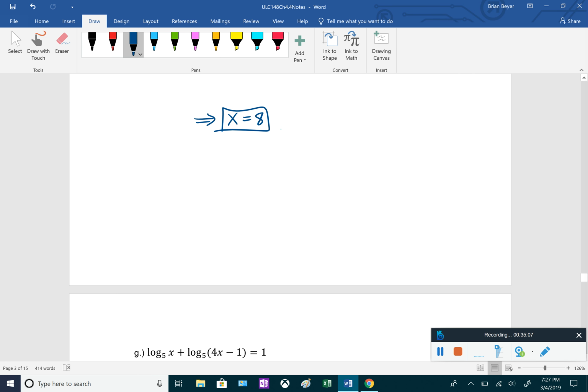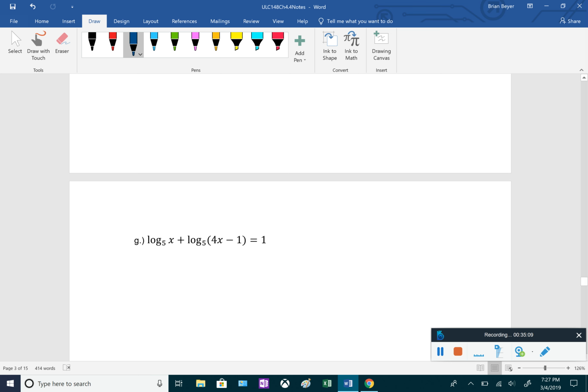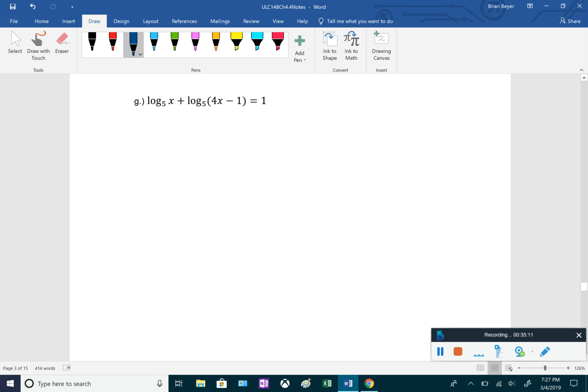Okay, so let's do one more similar to that, and then we'll get on to the last thing. So only a couple more pages left, I think. So log base 5 of x plus log base 5 of 4x minus 1 equals 1. So we have to condense these using the product rule again. So it's going to be log base 5 of x times 4x minus 1, and that's going to equal 1.